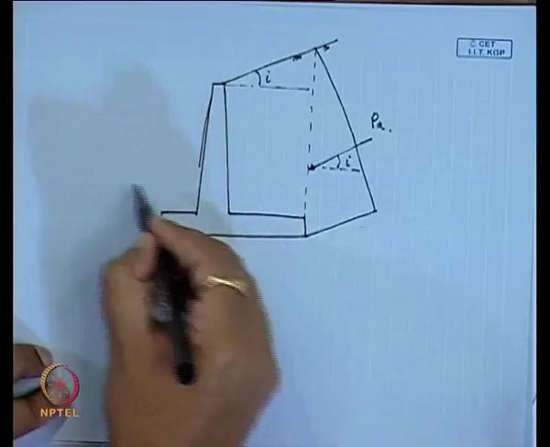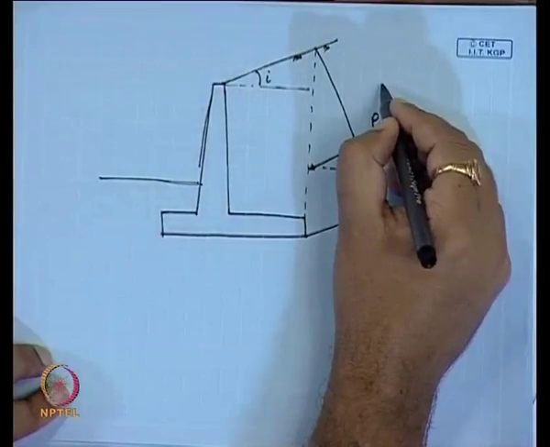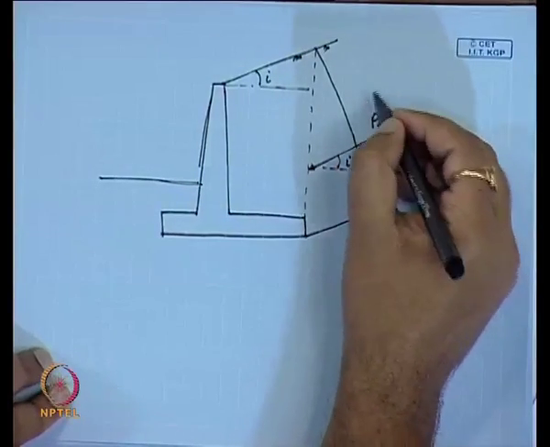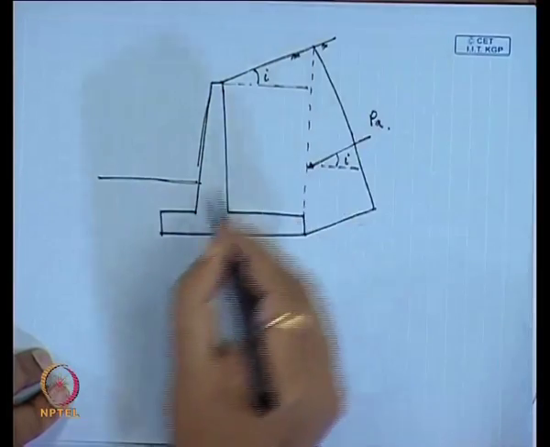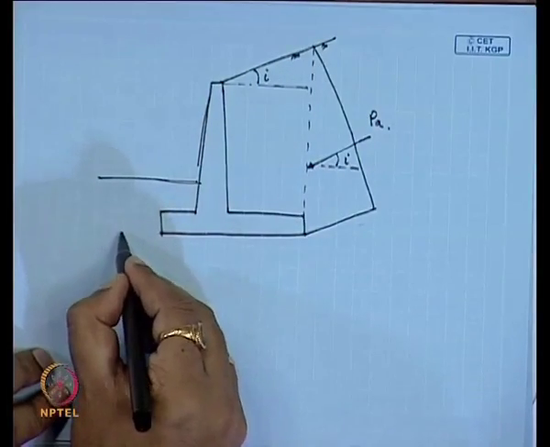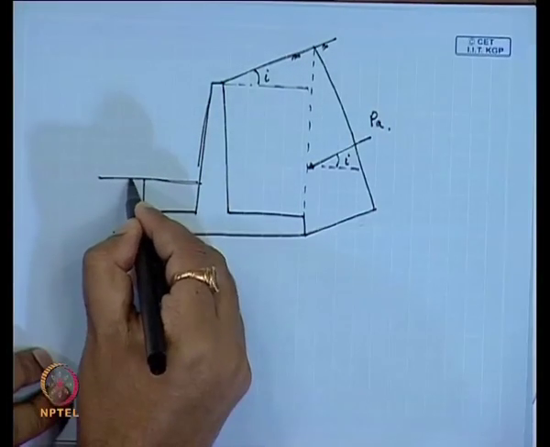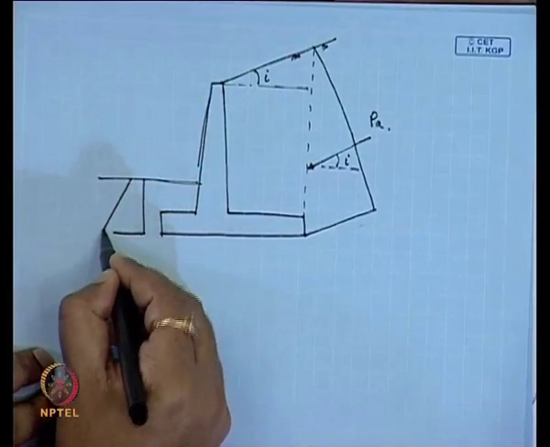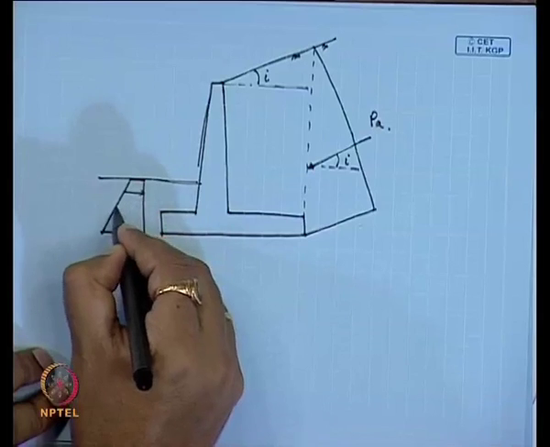Next, this backfill soil is generally a phi type of soil, which means cohesion is not considered. If the base soil is a C phi type of soil, then we will get this type of distribution of soil pressure.